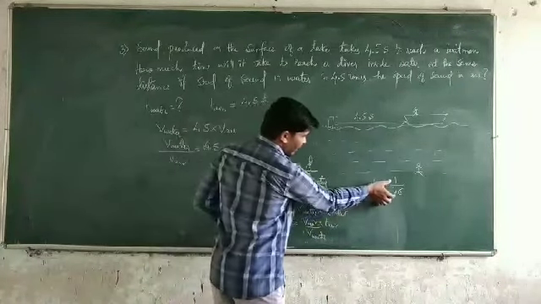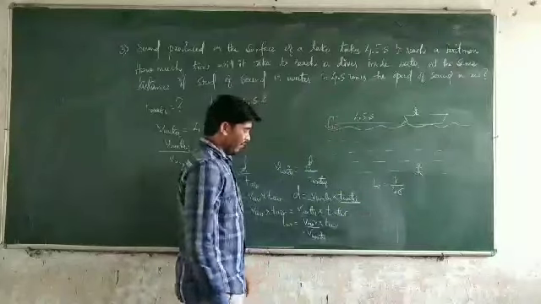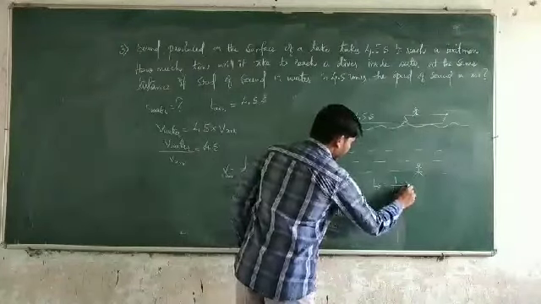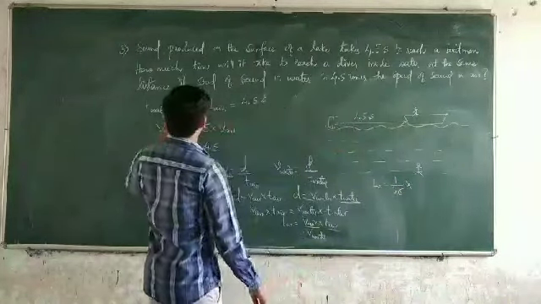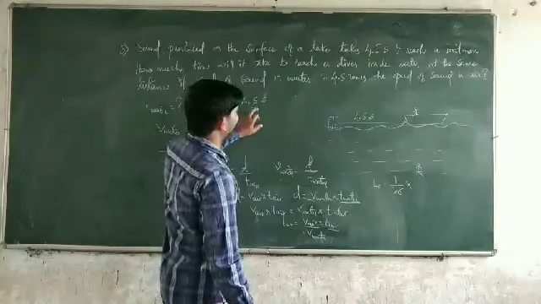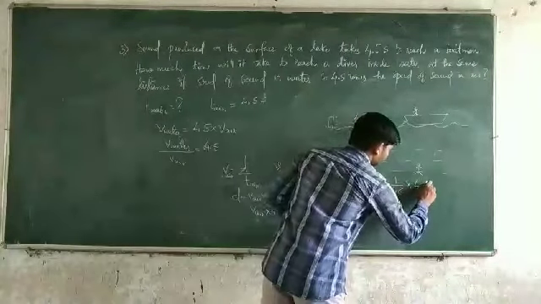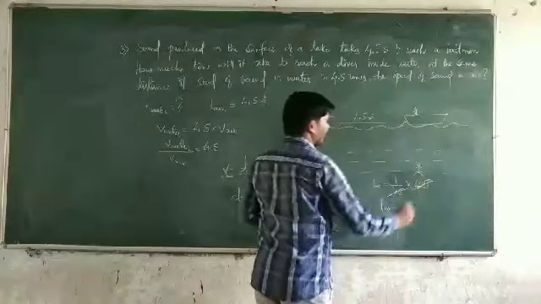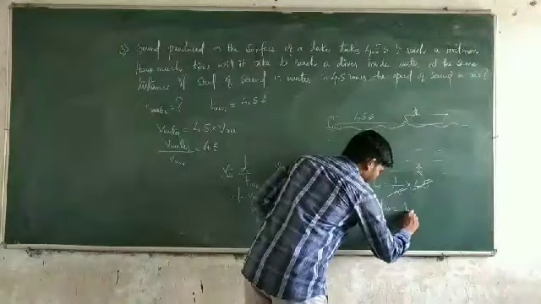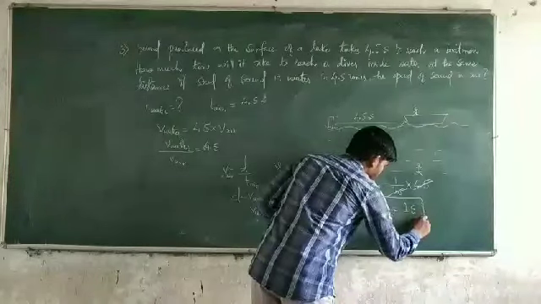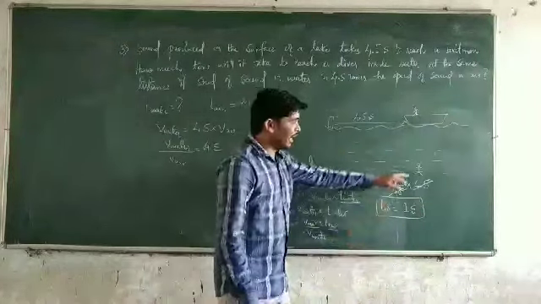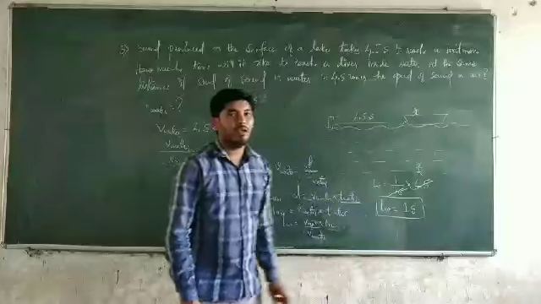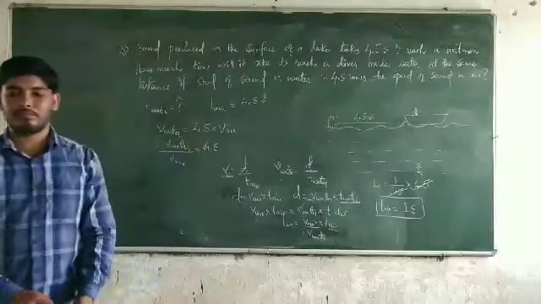And what is the time taken by the sound in air? That is 4.5 seconds. So T of water is equal to 1 by 4.5 into 4.5, the 4.5 cancels, and it will take 1 second to reach a diver who is present inside the water.